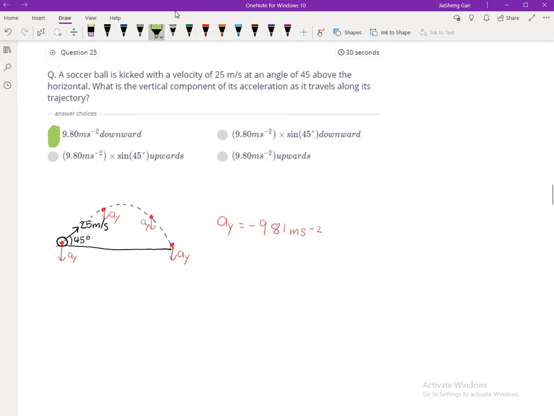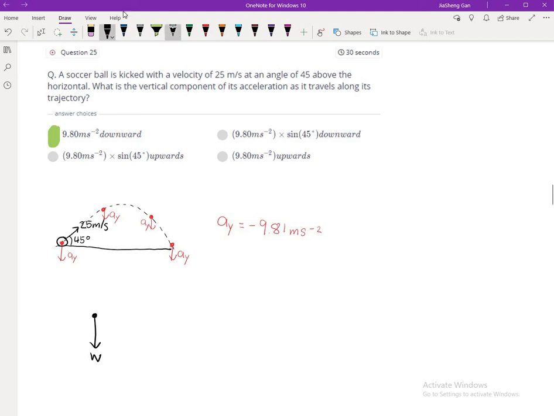If you are not sure about it, you can try to construct a free body diagram. A free body diagram for this ball will only have weight. There will be no normal force, no friction, no external force. There's only weight, because the ball is in the air, with nothing touching it and nothing exerting force on it except gravity.